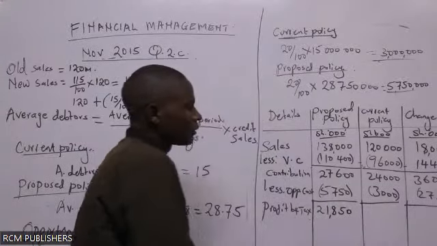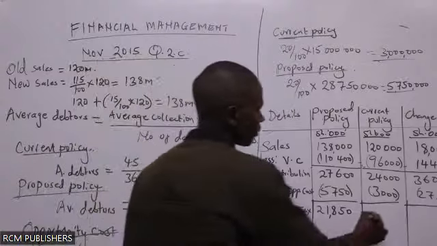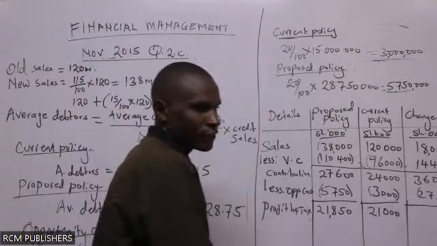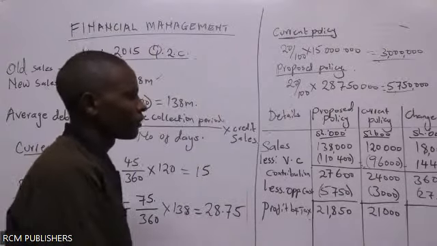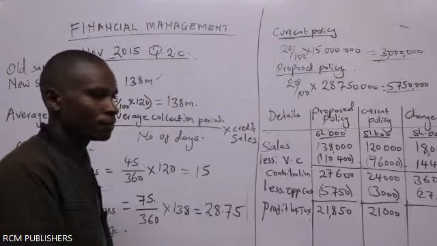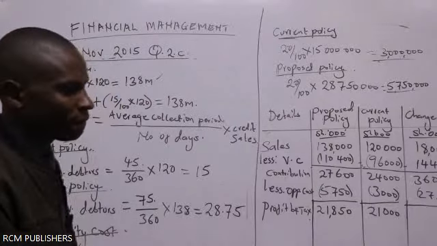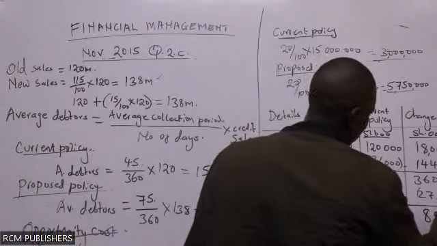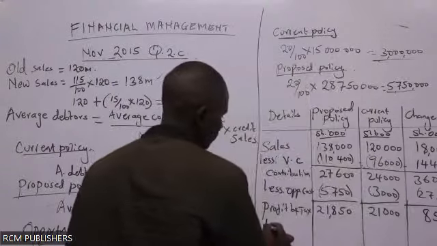The other one is 21,000. Give me the difference, the change. 850. Rate, you less tax.